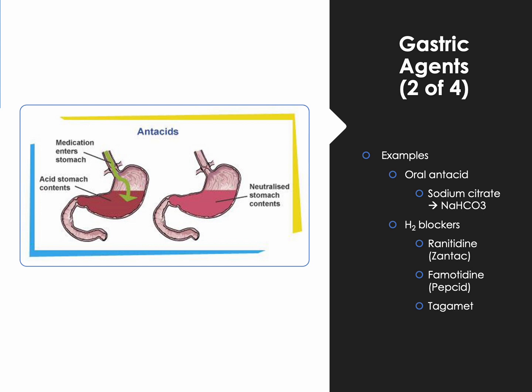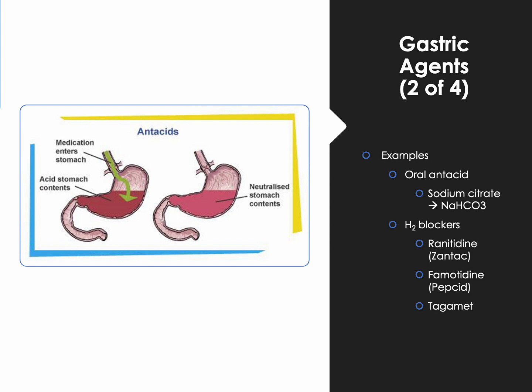However, when it is indicated, they're going to give something called sodium citrate, or you might hear it called Bicitra. That's the most commonly given preoperative oral antacid. Now, sodium citrate is metabolized to sodium bicarbonate, NaHCO3, sodium bicarb.